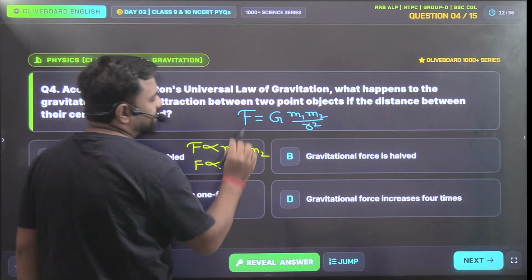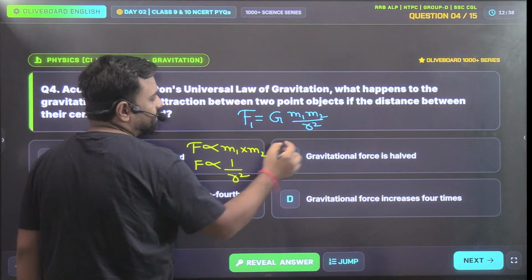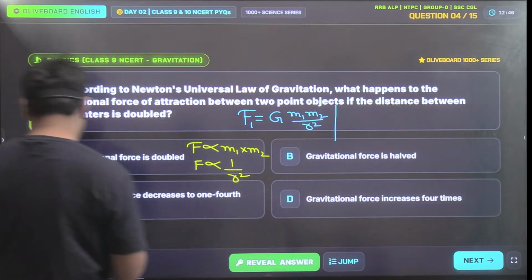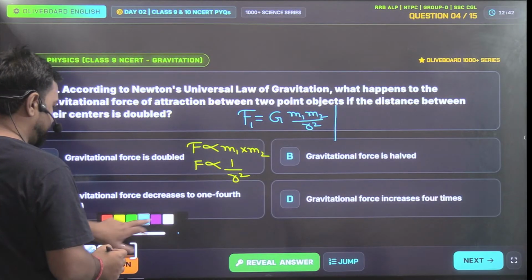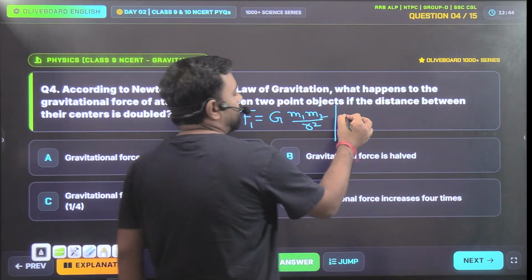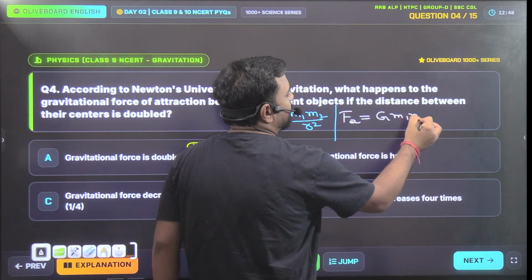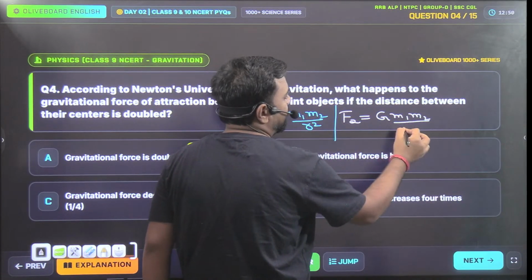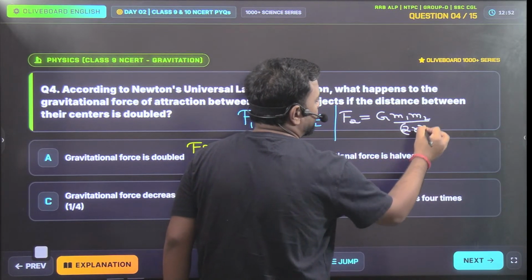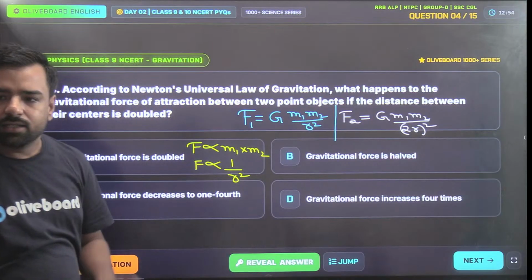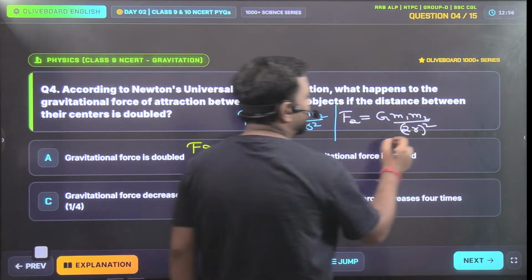Now in this case, this was F1. So let's say it's F2. Now in the case of F2, it will be G m1 m2 upon its double, right? So it's 2r whole square. Correct? Now since it is 2r whole square, so what will be the point?